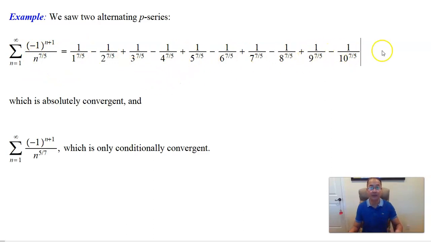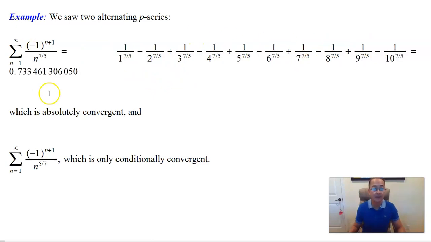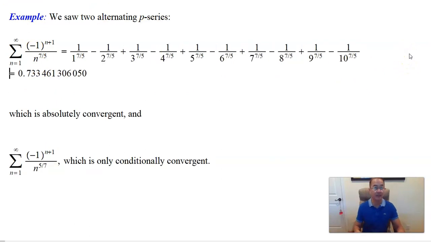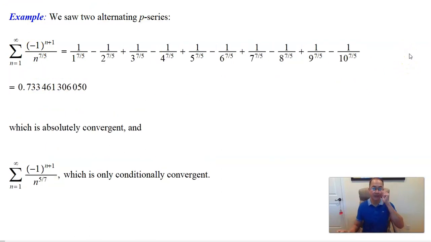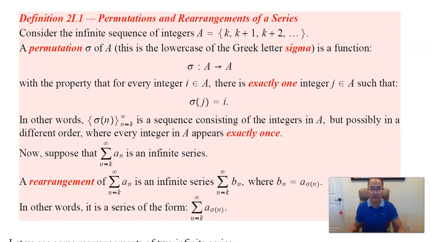We have 10 terms right there. Using Maple, it's about 0.733. Okay, so let's put that on the next slide. Great. Let's do that also with our other series.